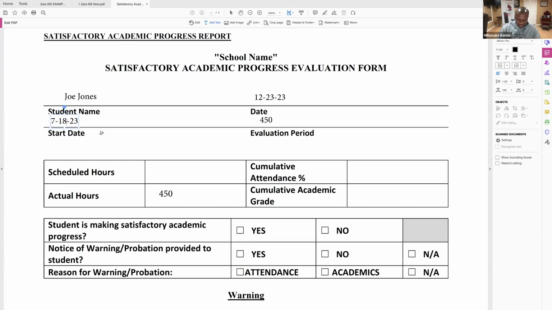December the 5th, 21. December the 12th, 22. December 19th, 23. December 26th is 24. January the 2nd is 25. January the 9th, 26. January 16th, 27. January the 23rd, 28. January the 30th, 29. February the 7th is 30.